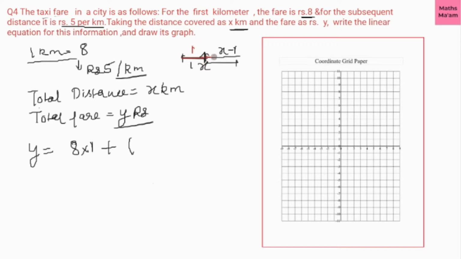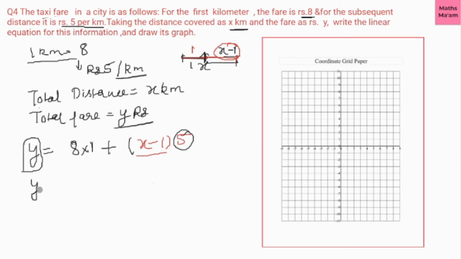After that we have how much distance left? X minus 1. X minus 1 के लिए कितना है charges? Times 5. First of all it was 8. Now for this rest of the distance the charges are 5 rupees. Okay. So which is equal to the total fare.